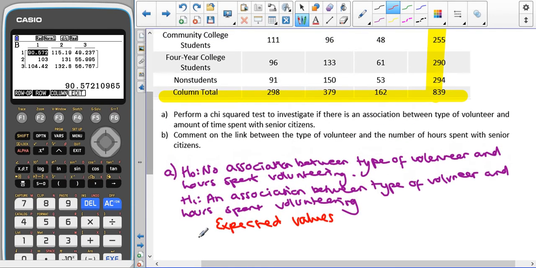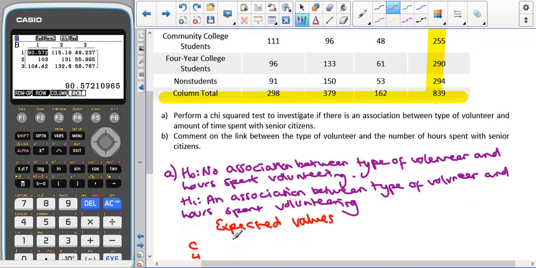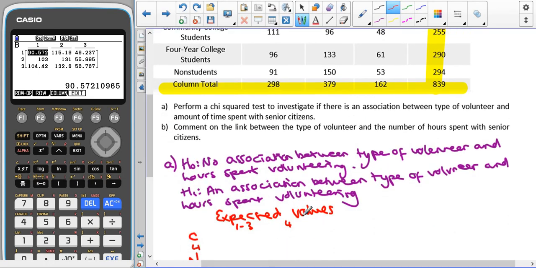So we have community college, 4-year student, non-student. We have 1 to 3, 4 to 6, and 7 to 9.